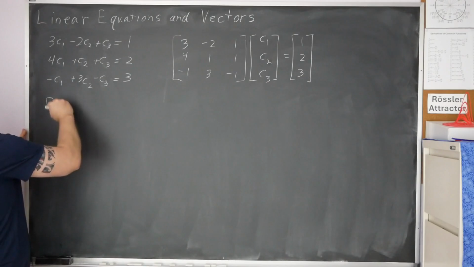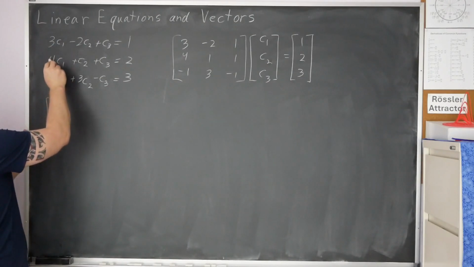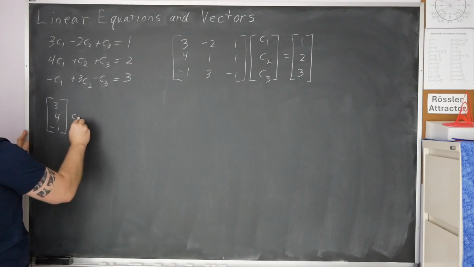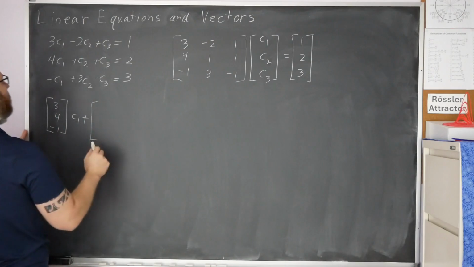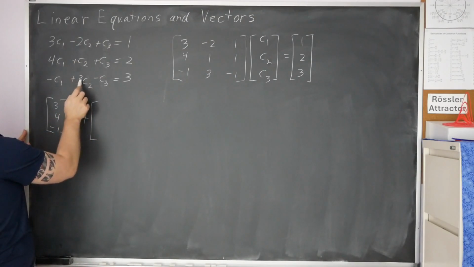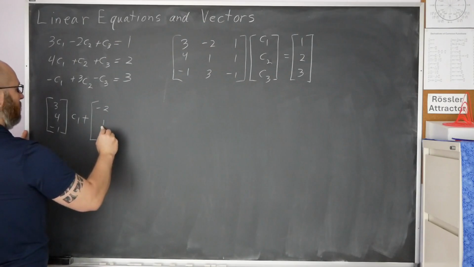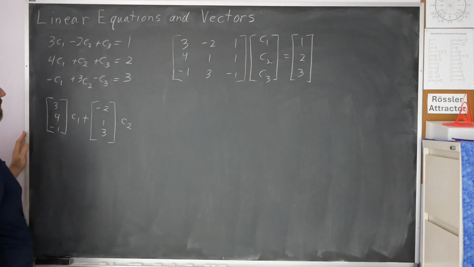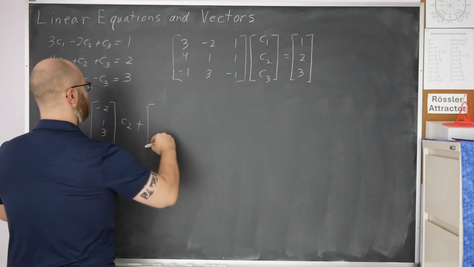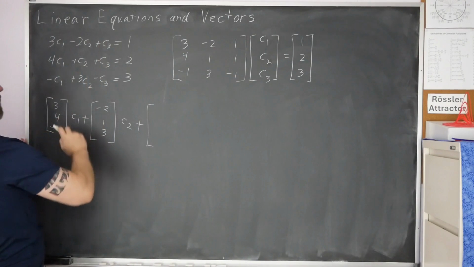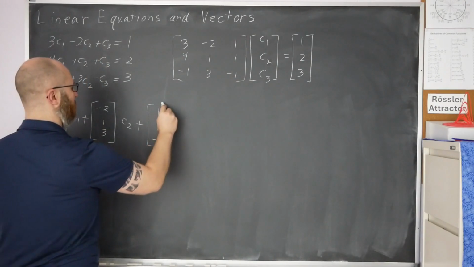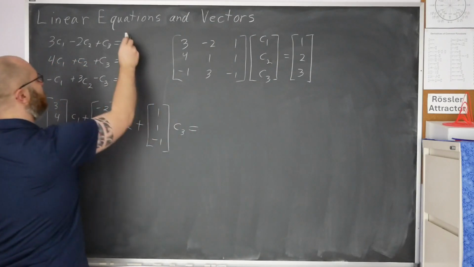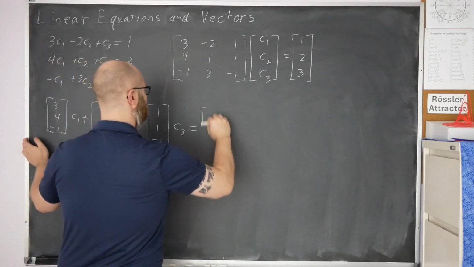If we do, I have 3, 4, negative 1, all times c1, plus I've got negative 2, 1, 3 times c2, and they're the same columns as over there, plus I've got 1, 1, negative 1 times c3, and that all has to equal the right-hand side here, which is vector 1, 2, 3.